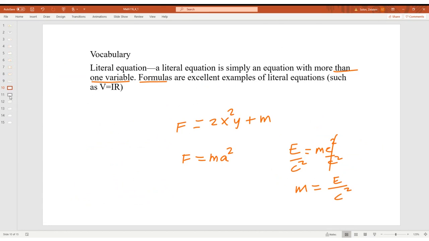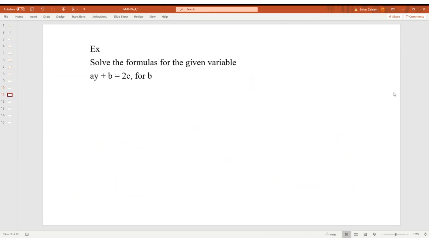Okay, now let's see examples. When you see examples, you understand. Solve the formula for a given variable. The given variable is b. So we are going to solve for b. We have a, y, 2, and c: ay plus b equals 2c. My objective is to put b by itself on one side of the equation. To do that, I have to take away ay. So ay has to go to the other side of the equation, minus ay.